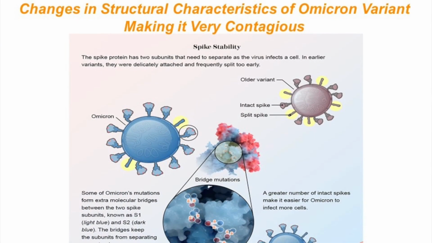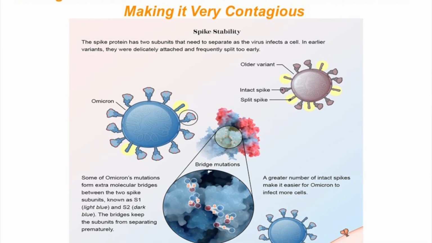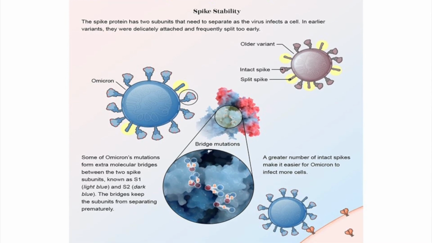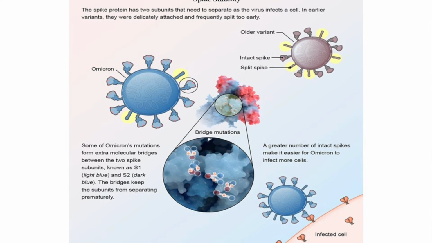Next slide, 49, shows the current variant, the Omicron variant, and this has turned out to be the most transmissive one, making it very contagious. It compares, in this figure on slide 49, the old virus with the current virus and why it makes it so contagious.